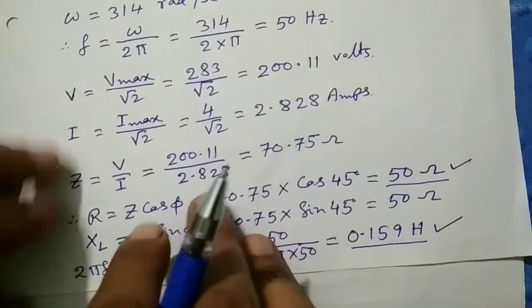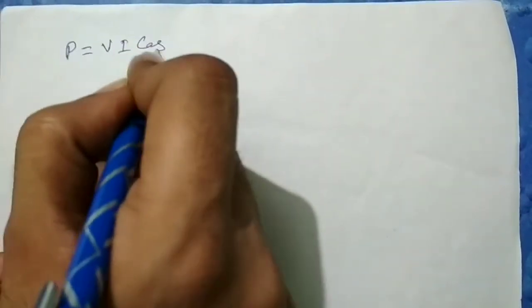Now we have to find the powers, that is the active, reactive and apparent powers. The formula of the active power is P is equal to VI cos phi.